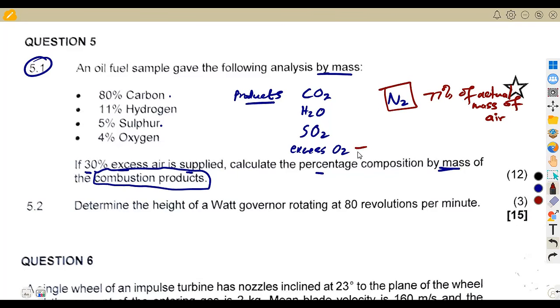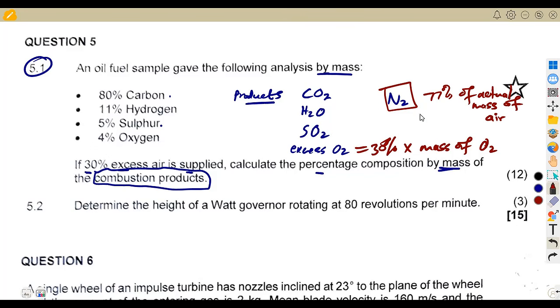The excess O2 is simply the percentage excess times the mass of oxygen. We can get these from our theoretical formula for the theoretical mass of air.